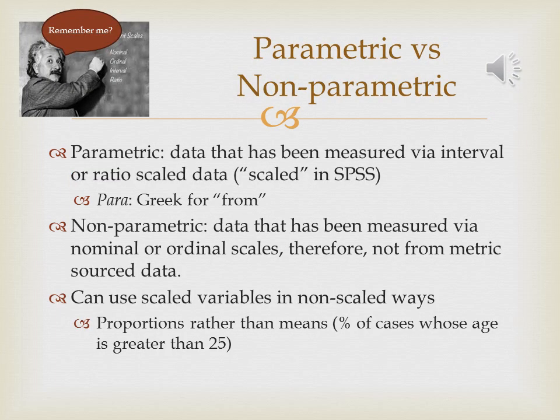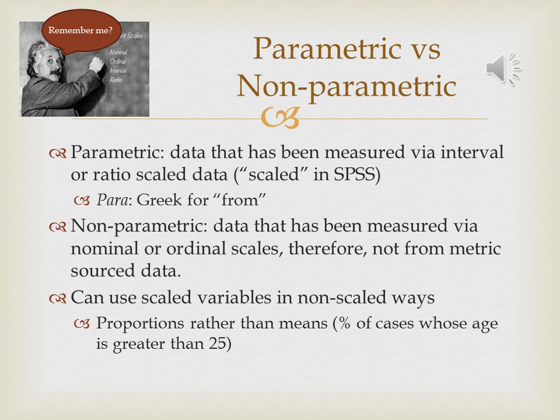Let's start with the two terms, parametric and non-parametric. Actually, these are just two words that describe the kind of data that you're working with. So for example, parametric is data that's been measured via interval or ratio scale data, known as scale data in SPSS.